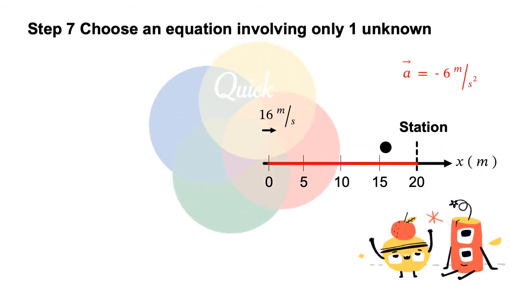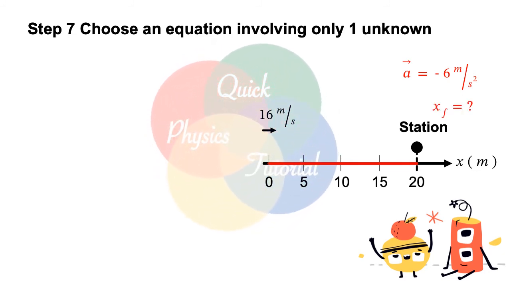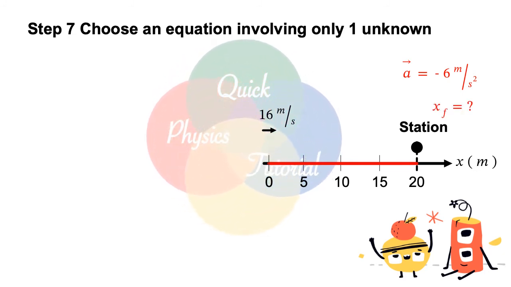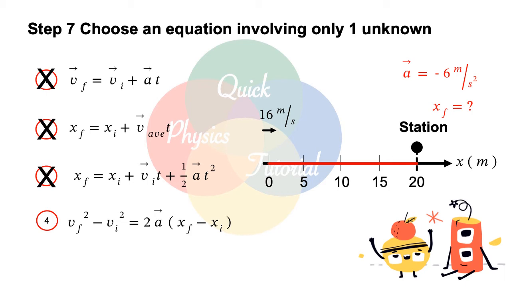Now, we solve for letter C, the distance of the train from where it stops. We write again the 4 standard equations. Step 7 is to choose an equation involving only one unknown variable. Looking at equations 1, 2, and 3, we know that we could not use these equations since we do not know the time when the train stops.